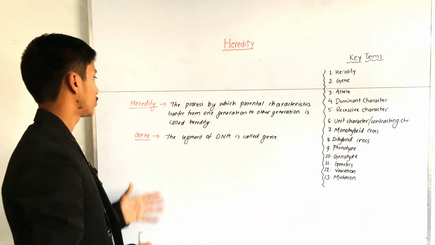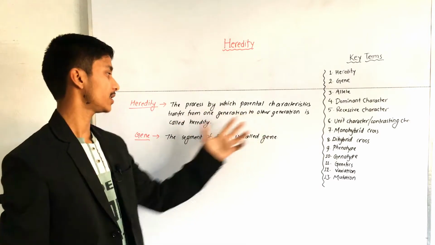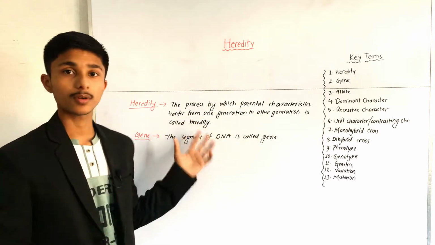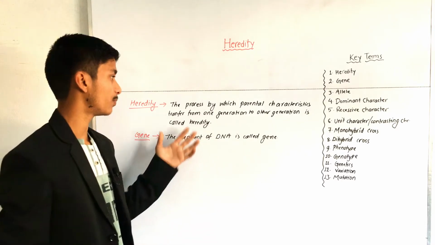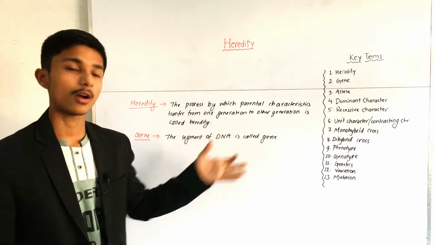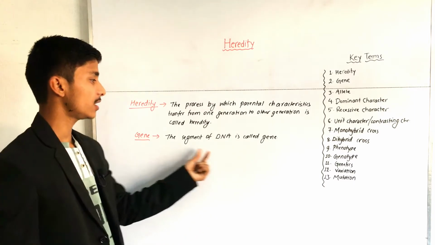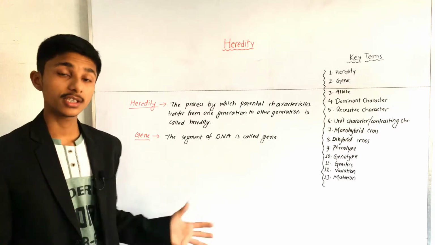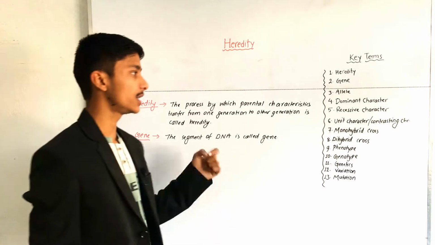Here we know the definition of heredity. The process by which parental characteristics transfer from one generation to another generation is called heredity, or from parents to their offspring. And similarly gene. What is gene? The segment of DNA is called gene. Gene is the segment of DNA.